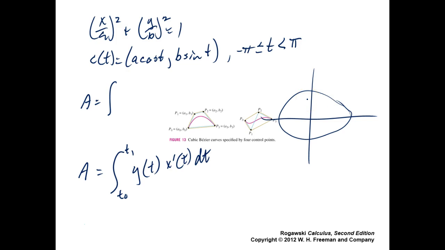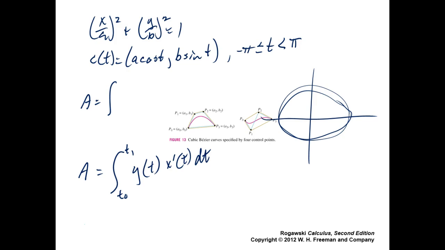And we're wanting the area of the ellipse of example 5. Now, what they say to do is go from minus pi to pi, starting here, going around here, and coming back there. That's what they're doing, one time all the way around the ellipse.